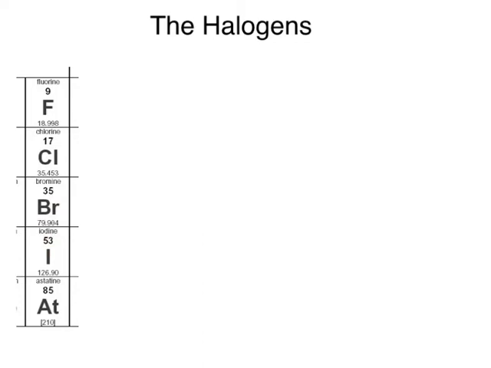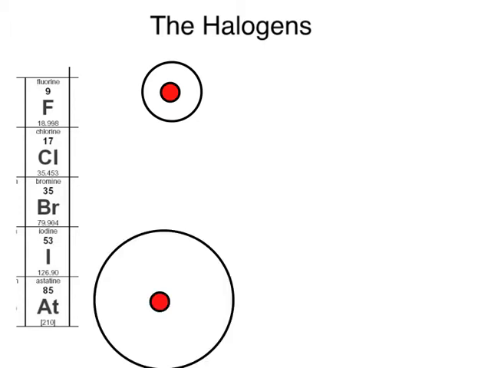Now as you go down the group, the size of the atoms gets a lot bigger. So if we start with fluorine, which is relatively small, and then we go all the way down to astatine, which is a lot bigger.